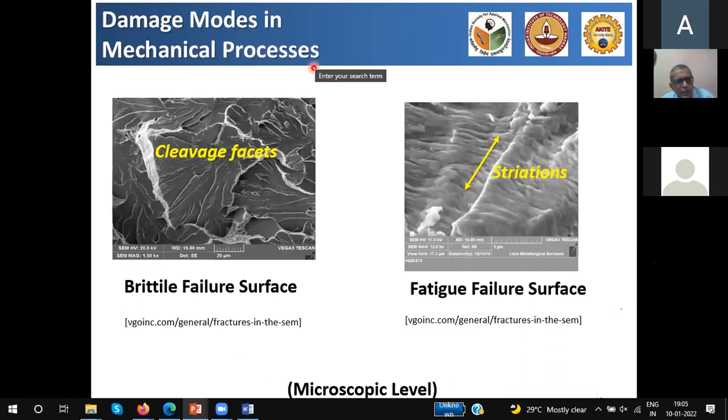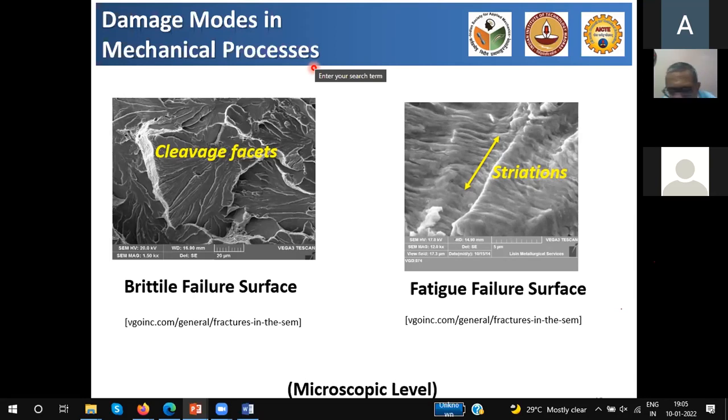A brittle material undergoes a cleavage fracture, and many of you here are interested in fracture mechanics. It is not as structured as what you saw in the previous graph, and therefore the signatures that you see in a brittle fracture are definitely distinctly different from what you have in a ductile material.